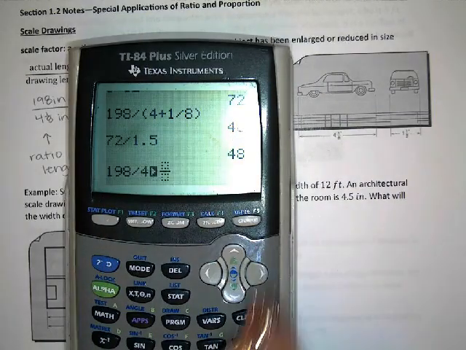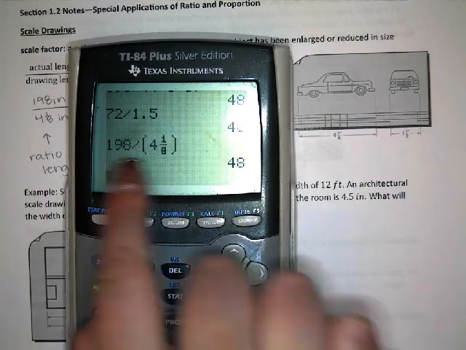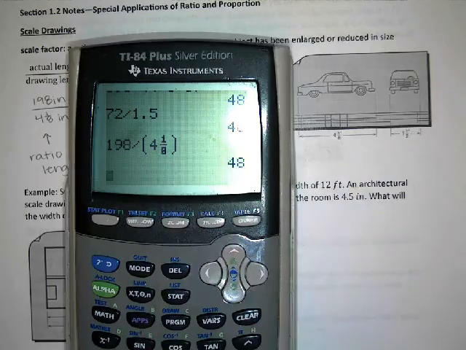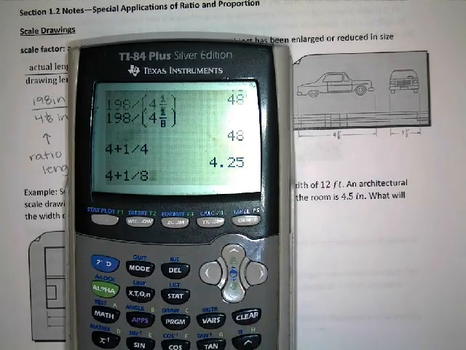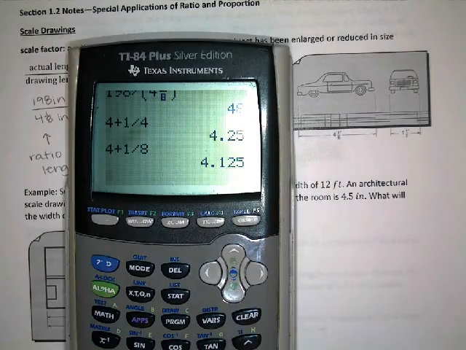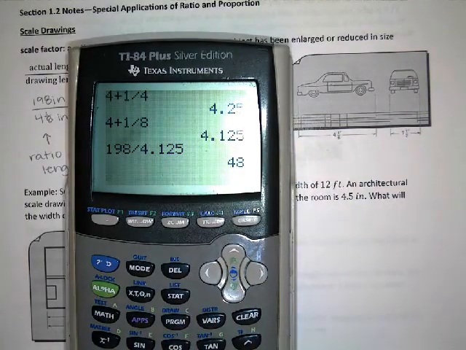So divided by 4 1/8, and then it puts the parentheses for you, and you get 48. The other option would be you could do 4 plus 1/8 and find the decimal ahead of time, and then you could do 198 divided by the decimal. So you have a few different ways to type that in if you're uncomfortable working with that mixed number there.